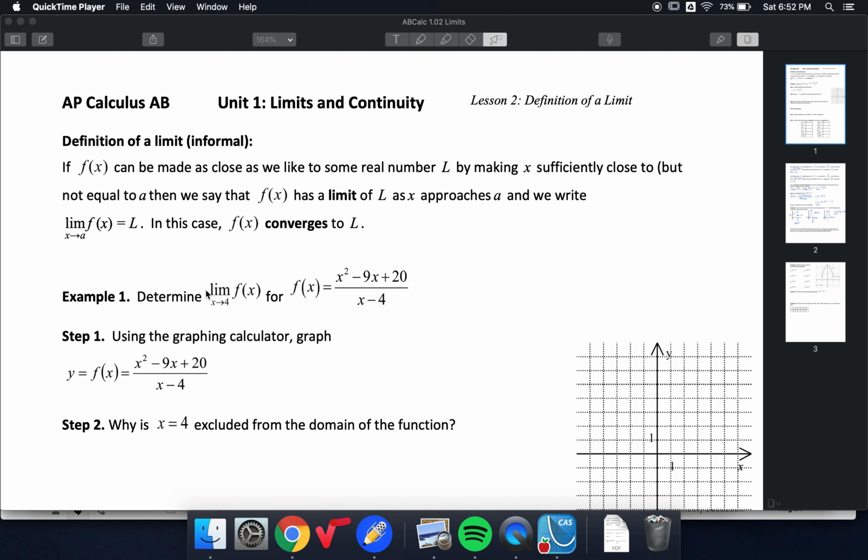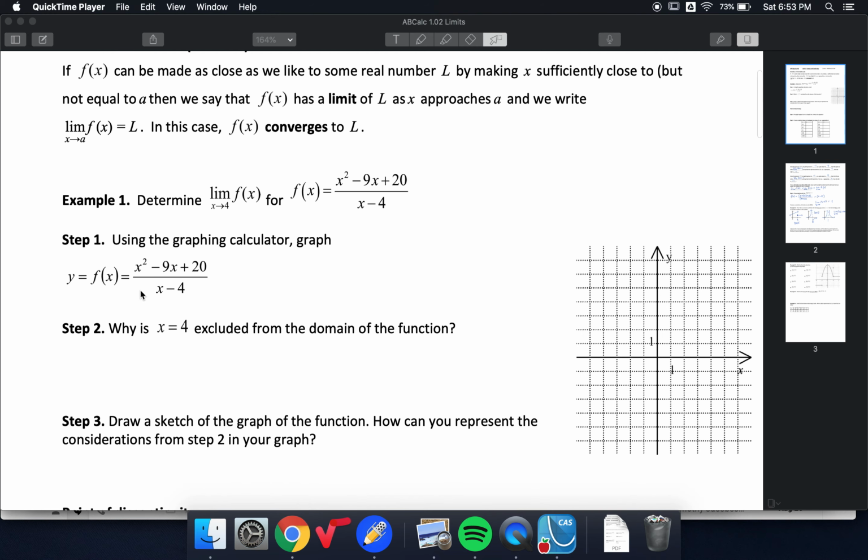So we want to determine the limit as x approaches 4 of f of x for the function f of x equals this rational. So using your graphing calculator, we're going to graph it. Well, first of all, as soon as I see this rational, I think that my domain is all reals except 4. So let's be reminded about what domain is.